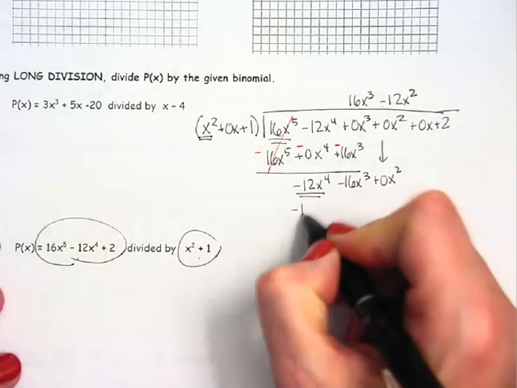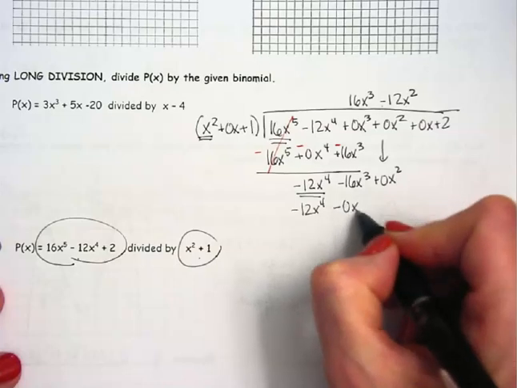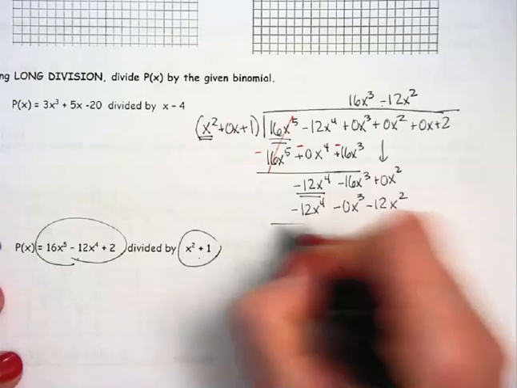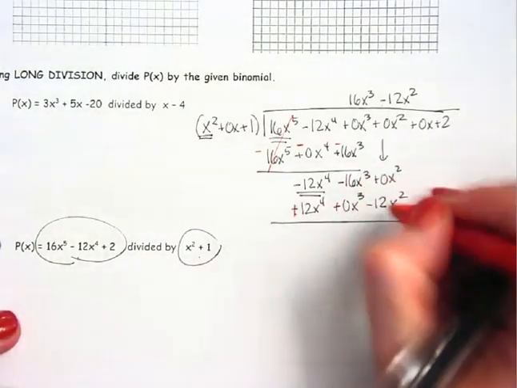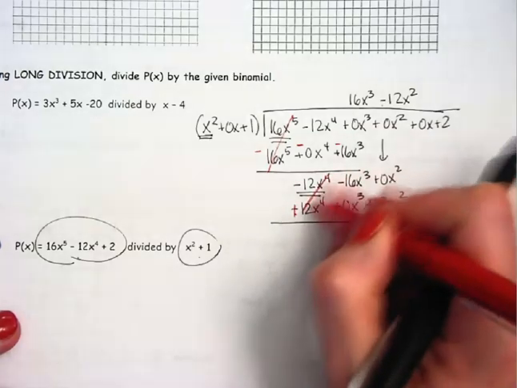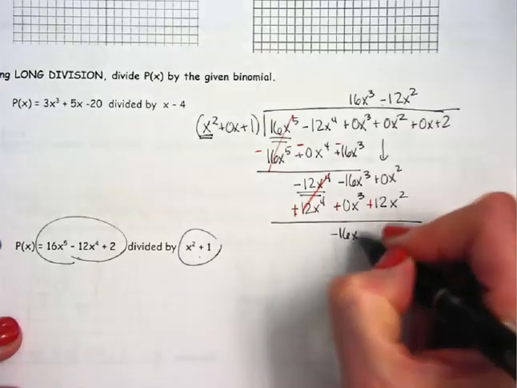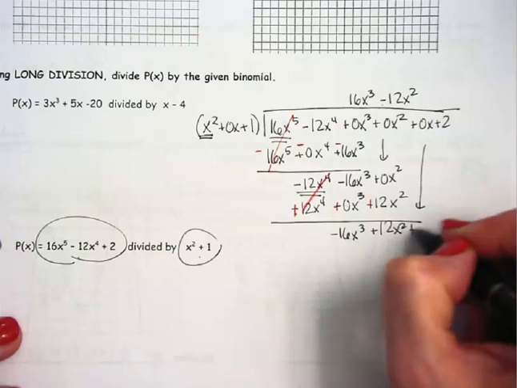So negative 12x to the 4 minus 0x cubed minus 12x squared. I need to subtract off that whole row, so that means the same as changing all the signs. Cancel. Now I add the things, negative 16x cubed plus 12x squared.